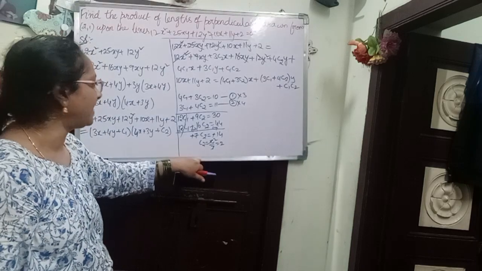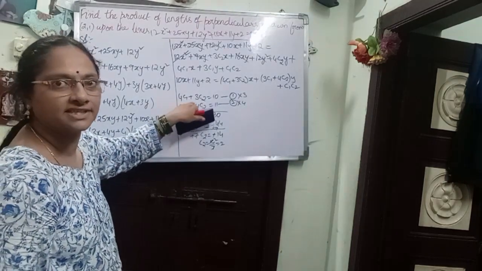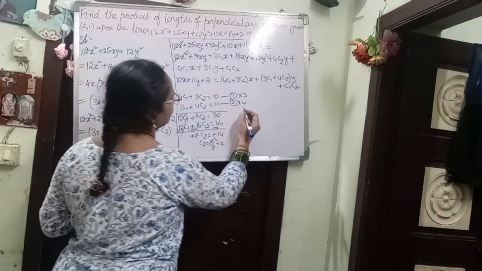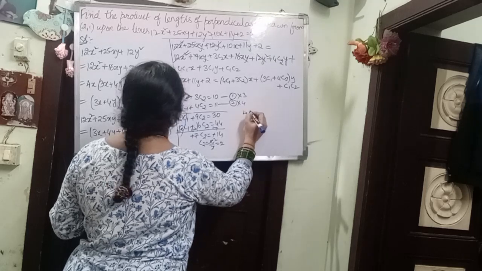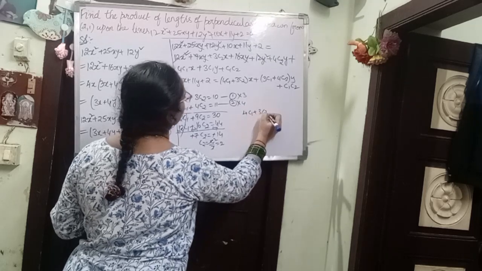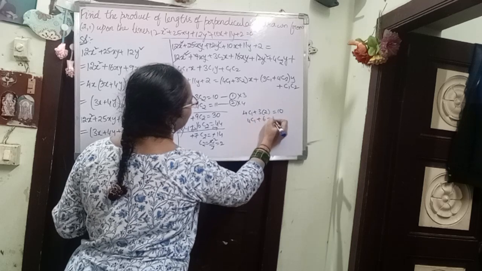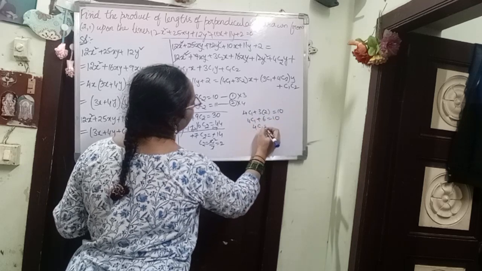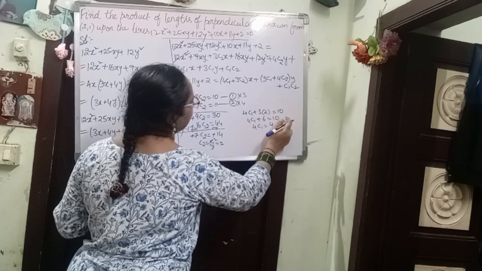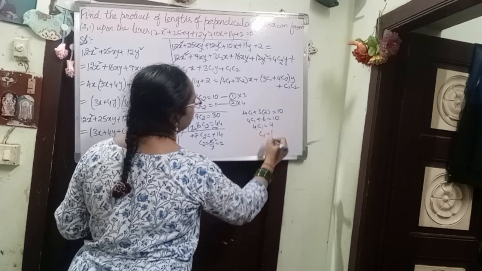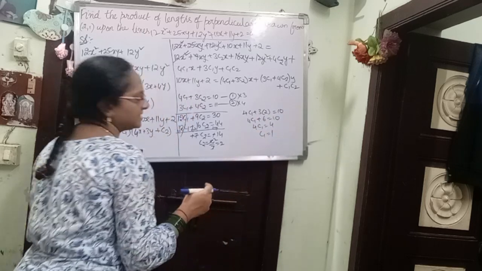Now substitute the c2 value in any of the two equations. I am substituting in the first equation: 4c1 plus 3 into 2 equals 10. 4c1 plus 6 equals 10, 4c1 equals 4, since 10 minus 6 is 4. c1 equals 1. So we got c2 and c1.